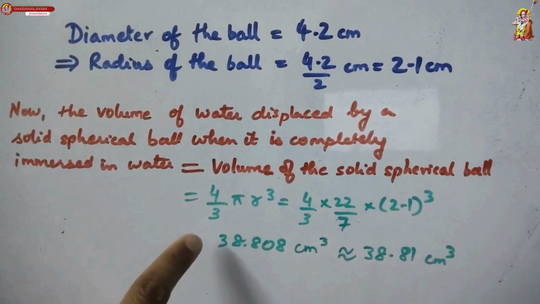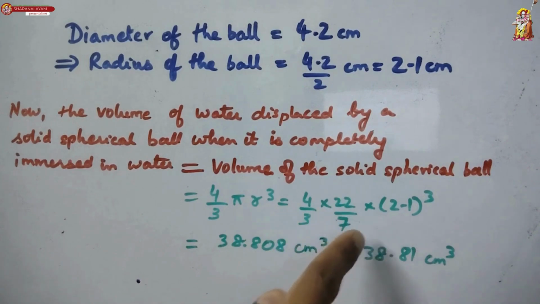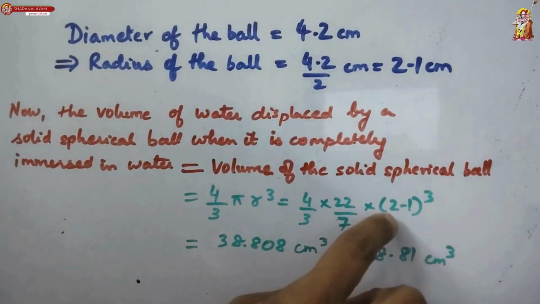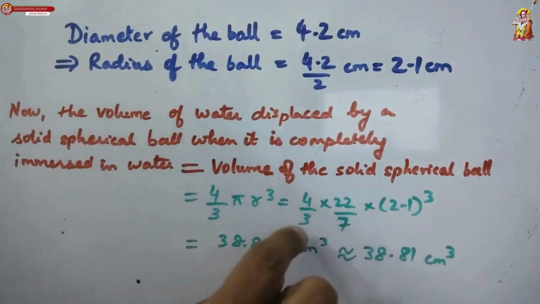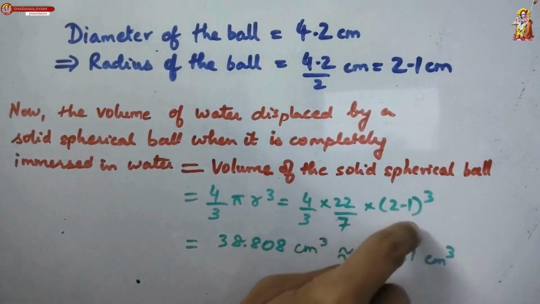That we know 4 by 3 pi r cube, which gives us 4 upon 3 into 22 upon 7 into 2.1 cube. The reason we are taking 22 upon 7, they have not mentioned whether we have to take 22 upon 7 or 3.14. But since this is 2.1 and we know 3 into 7 is 21, so 21 into 0.1 is 2.1.